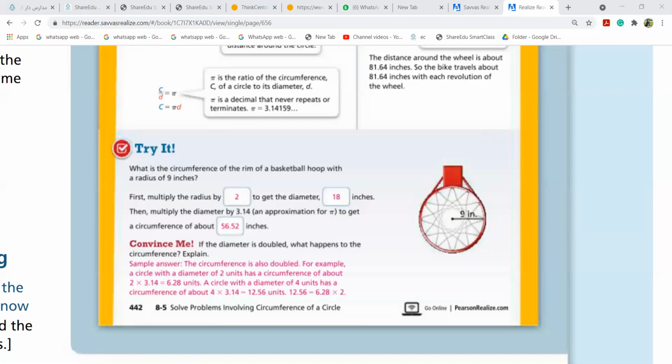If the radius is 6, how much is the diameter? Majduleen? Zishan, if the radius is 6, how much is the diameter? Yes.